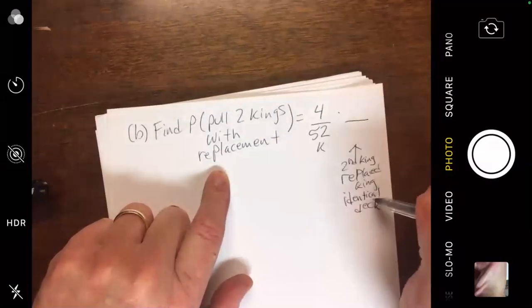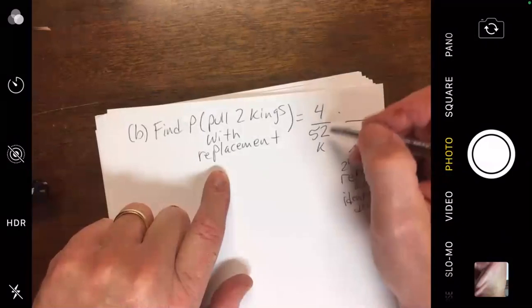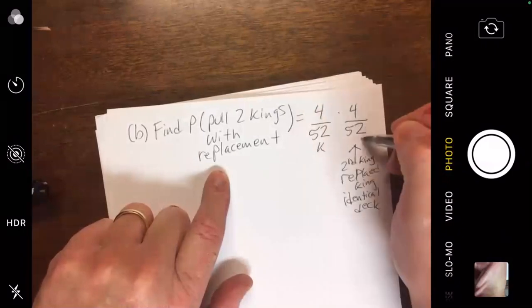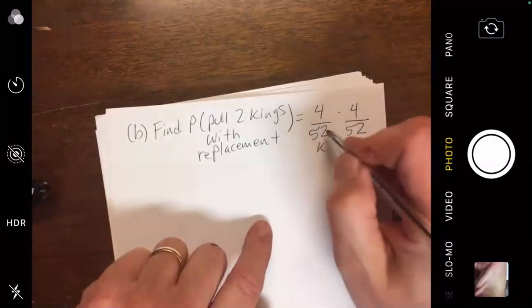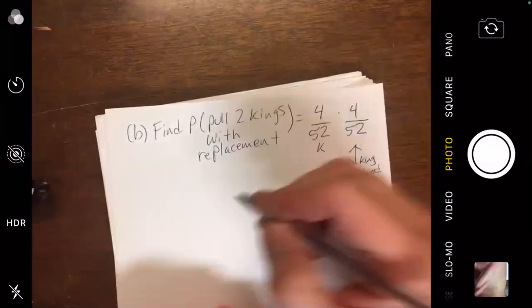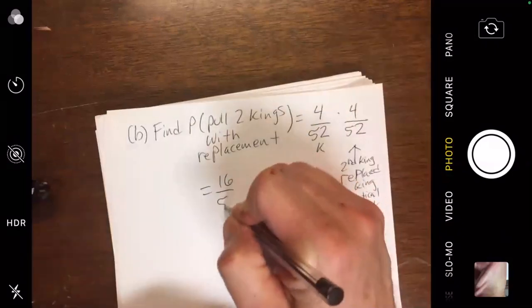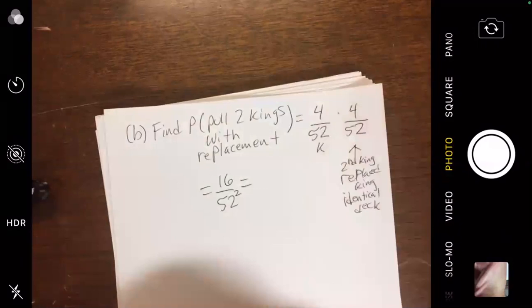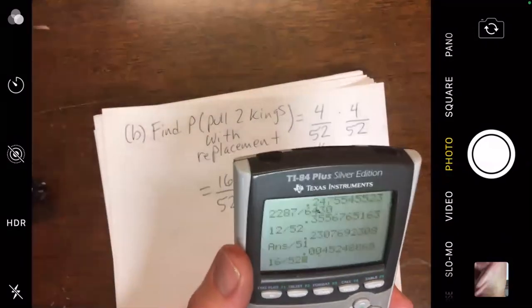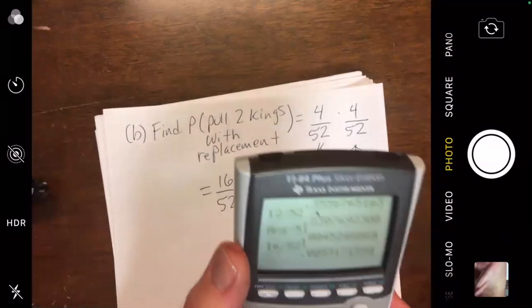So if the deck's identical, don't you have the same probability of pulling the king? There's still 4 kings in the deck. There's still 52 cards because you put this king back. You replaced it. So you've got 16 over 52 squared, and you can get a decimal for that. 0.0059.